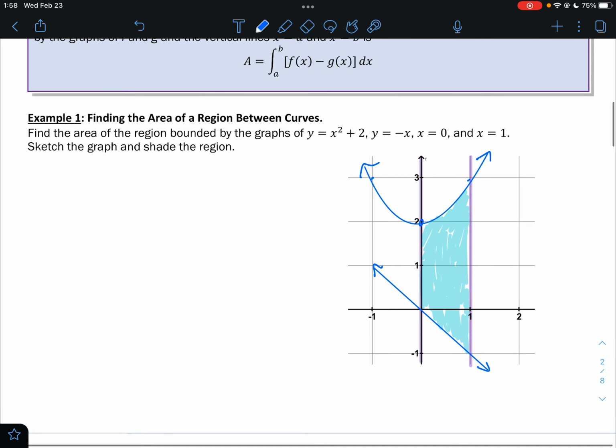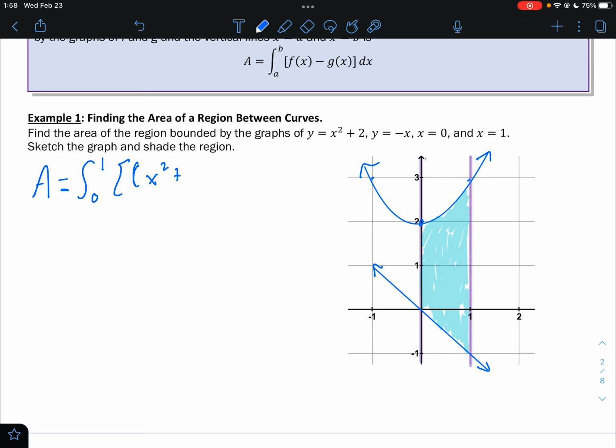Okay, so our integral here is going to be area equals the integral from 0 to 1, because those are our x bounds, of f minus g, top function minus lower function. Top function here is x squared plus 2 minus the lower function here.